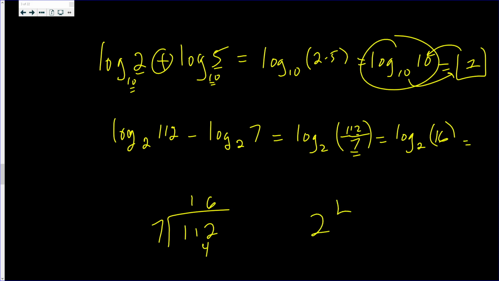Well, 2 to what power gives you 16? Well, it's 4. 2 times 2 is 4, times another 4. 4 times 4, 16. So the answer is 4. Okay, so you can do that without a calculator if that's the instructions.